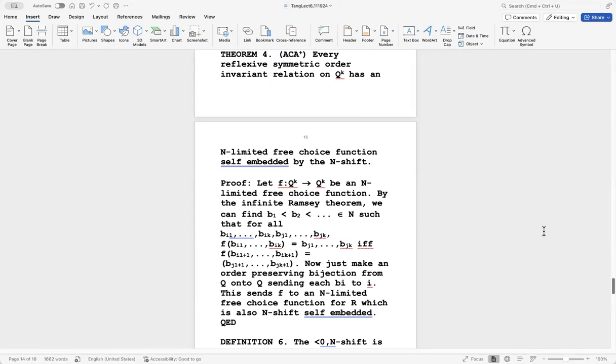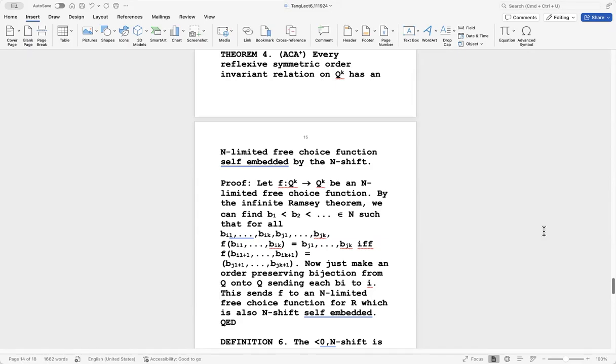Now, the way this is proved is, again, similar to some stuff we did with invariant maximality. Let F be an n-limited free choice function. By the infinite Ramsey theorem, we take an n-limited free choice function and do some surgery on it to get what we want.